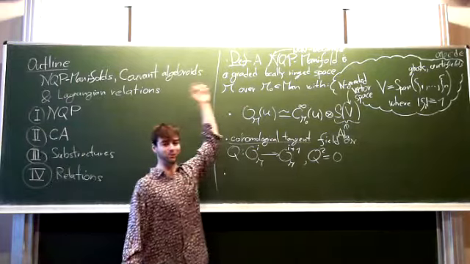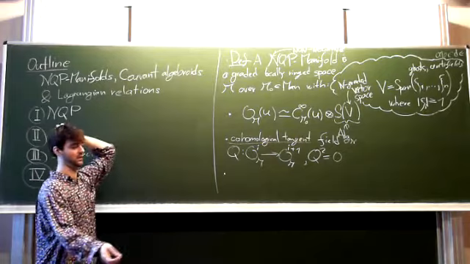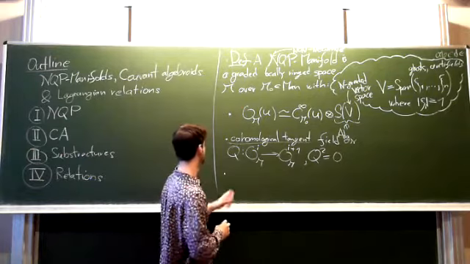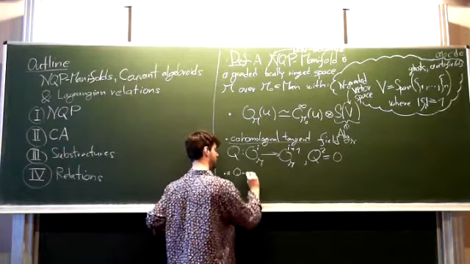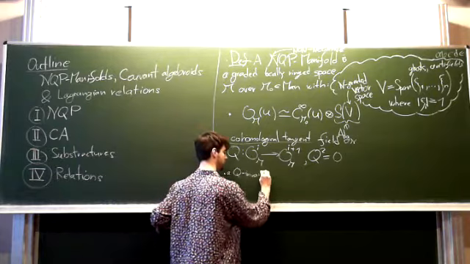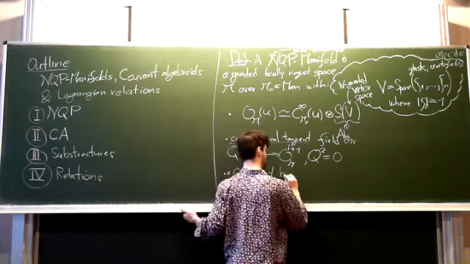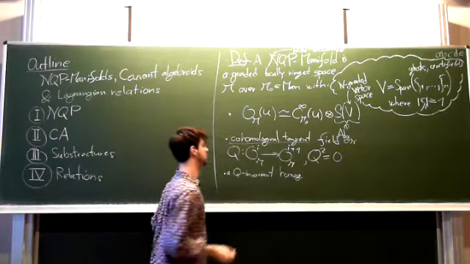It says P Poisson, but actually we talk about symplectic structures or non-degenerate Poisson structures. So the last piece is an invariant homogeneous symplectic structure.